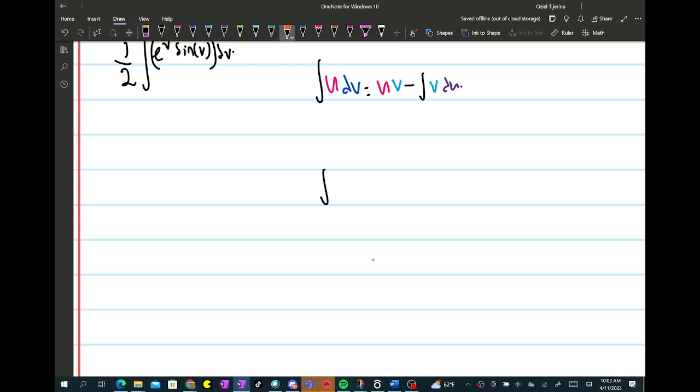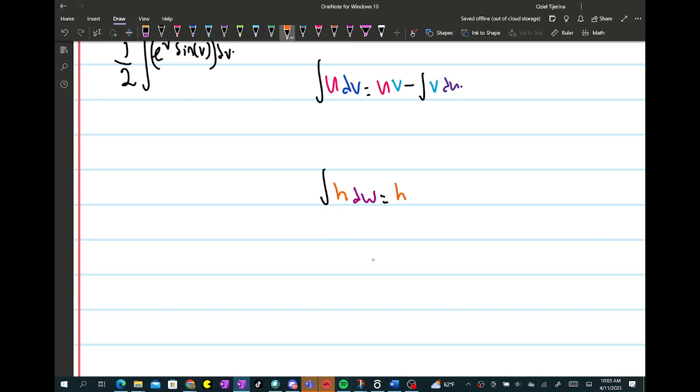I will use H and DW. So I'll use H, and then I'll do DW, like this. It's still integration by parts, but we're using different variables.